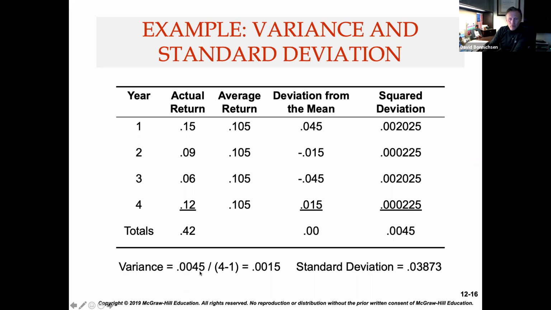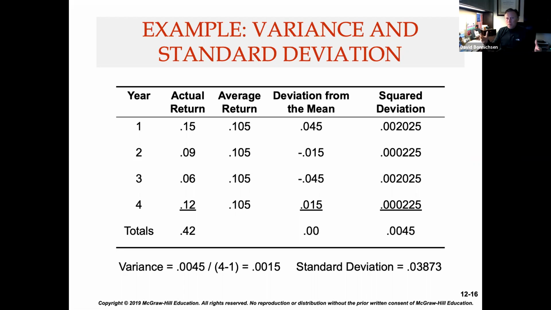So 0.0045 divided by 3 gives us a variance of 0.0015. And then when we take the square root of the variance, it gives us our standard deviation of 0.03873.